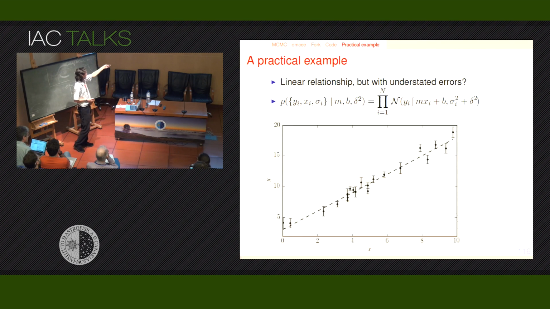They're all Gaussians, and so the y values are drawn from this linear relationship with a variance that's the variance they reported plus this additional cheating factor that we're trying to uncover. So we want to infer those three things, the m, b, and d squared, right?